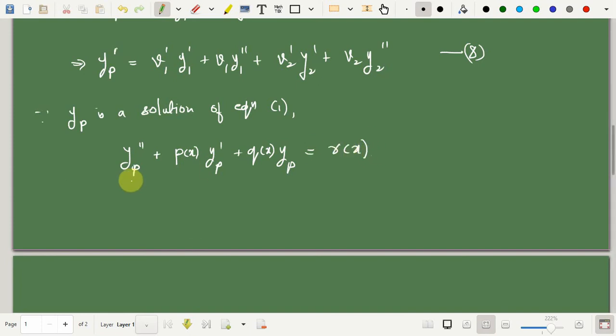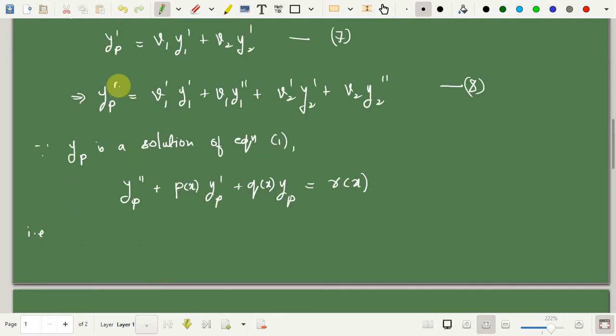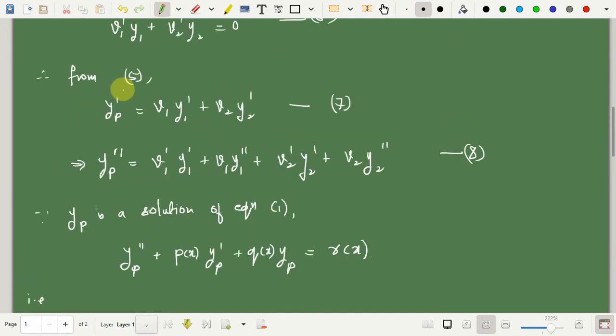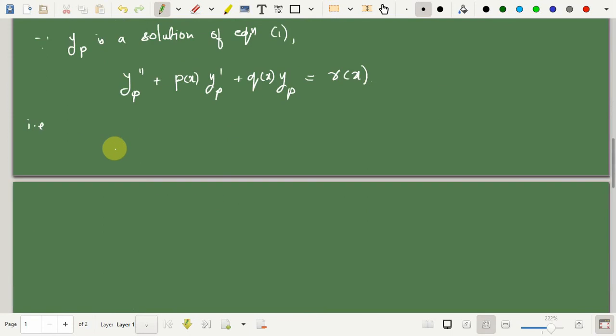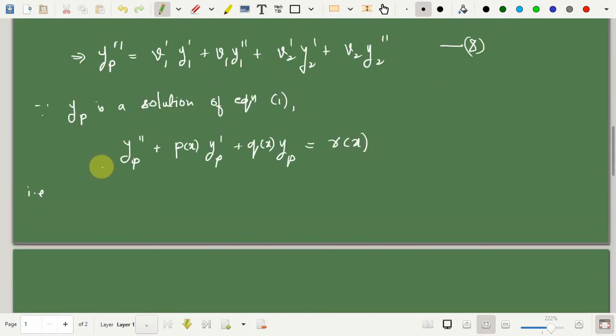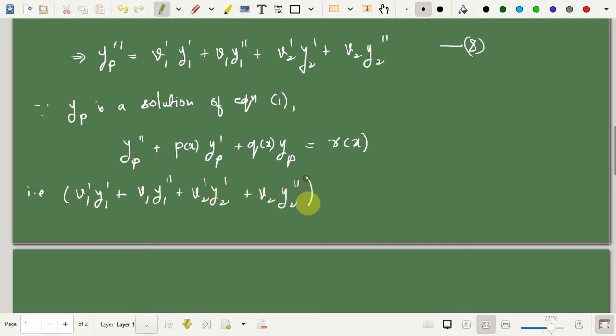Now putting the values of yp double prime and yp prime, we get, yp double prime, because we are differentiating twice, is v1 prime y1 prime plus v1 y1 double prime plus v2 prime y2 prime plus v2 y2 double prime plus p of x into yp prime.